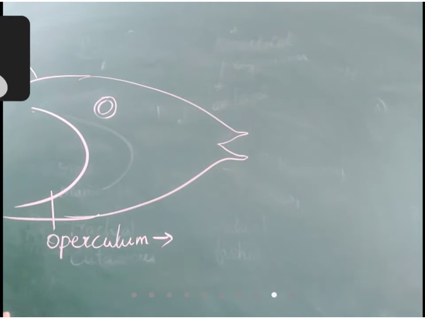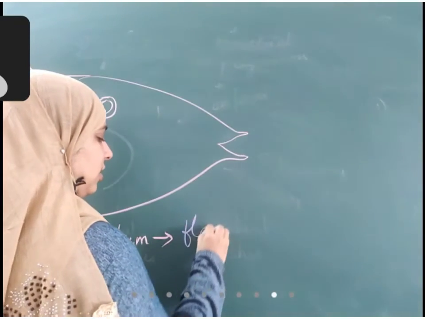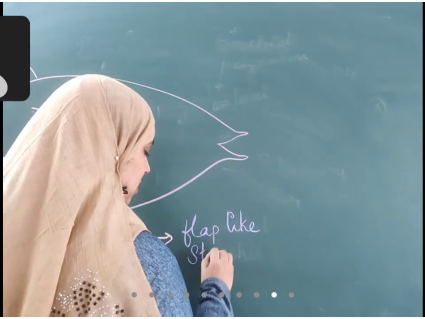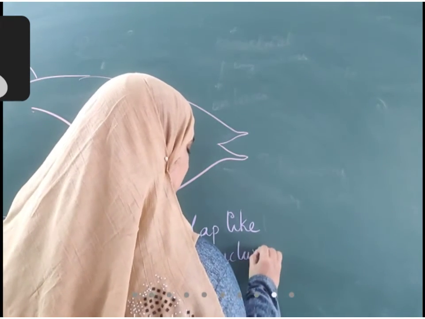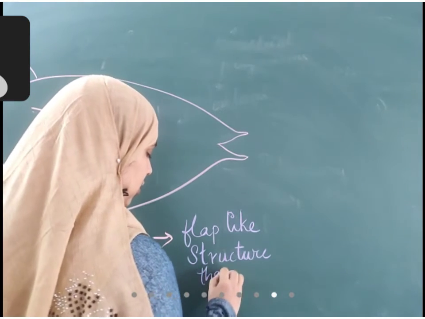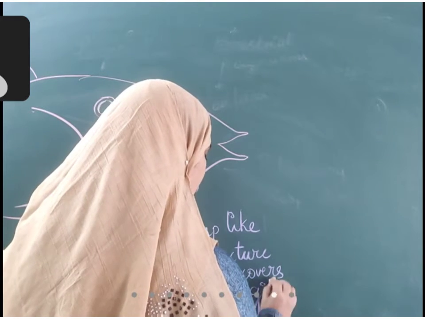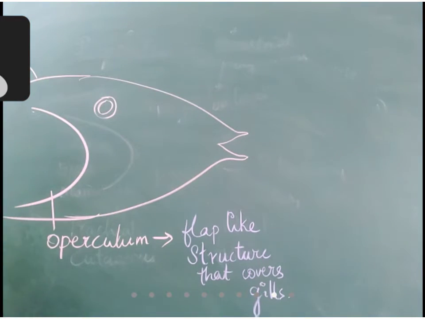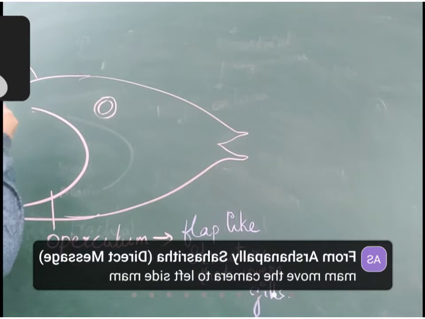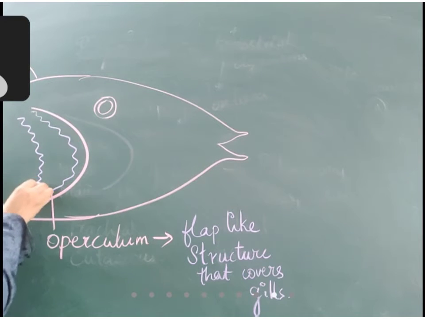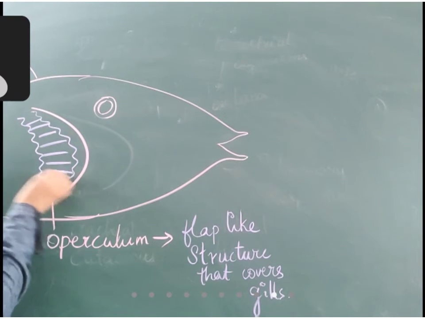Operculum is a flap-like structure that covers gills. Do all fishes have operculum? No, all fishes do not have operculum. Some will have the gills directly open. If you remove this operculum, you can see that there are gills here, like this. They are interconnected like this, red color.